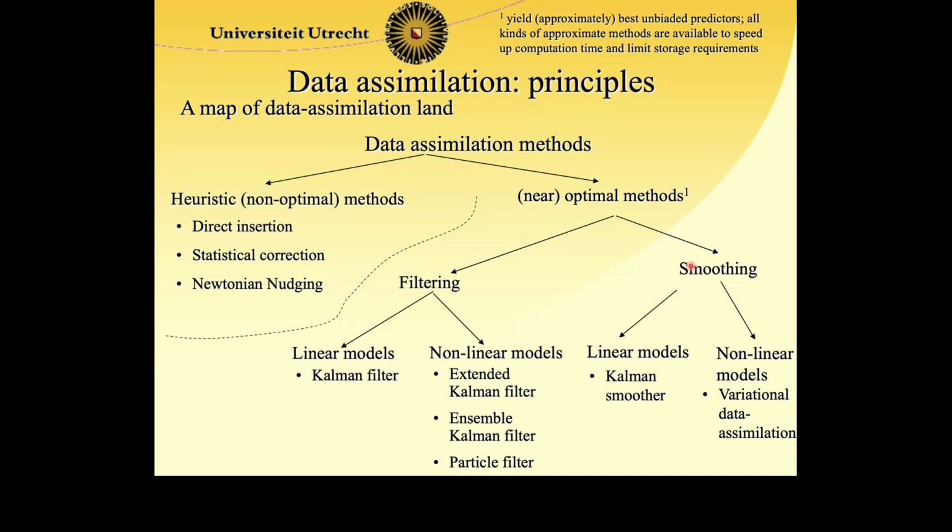And then there are smoothing methods. What smoothing methods do is they take all the observations into account in one go. They take all the observations Z0, Z1 to ZK in one go, and then try to minimize that criterion. That can again be done recursively.